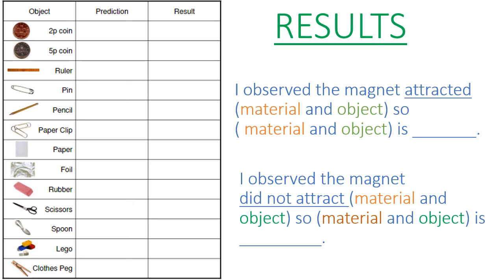Or you can say, I observed the magnet did not attract a copper coin, so the copper coin is non-magnetic. When you classify the different materials and objects, you can use these sentences to help you study.